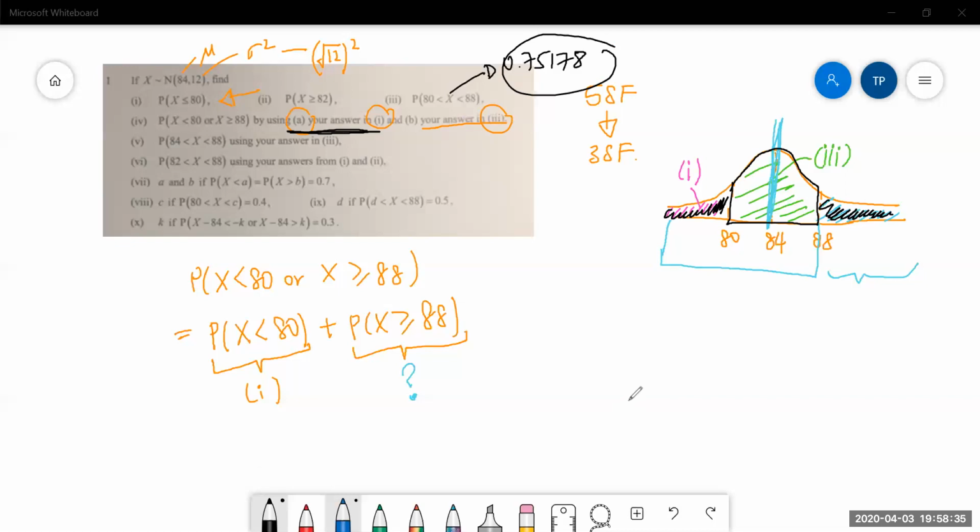I don't know where I went wrong. The answer is 0.248, right? Then it's correct already if you use 1 minus this. But it's the method that they want me to use.